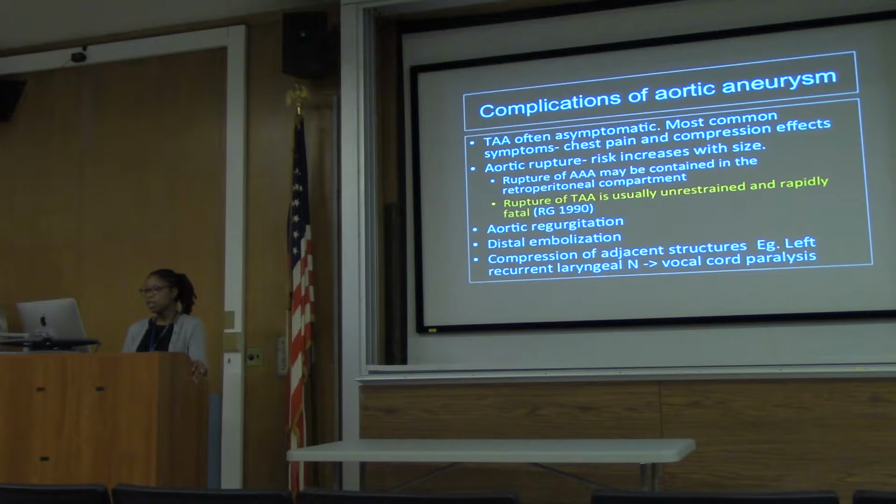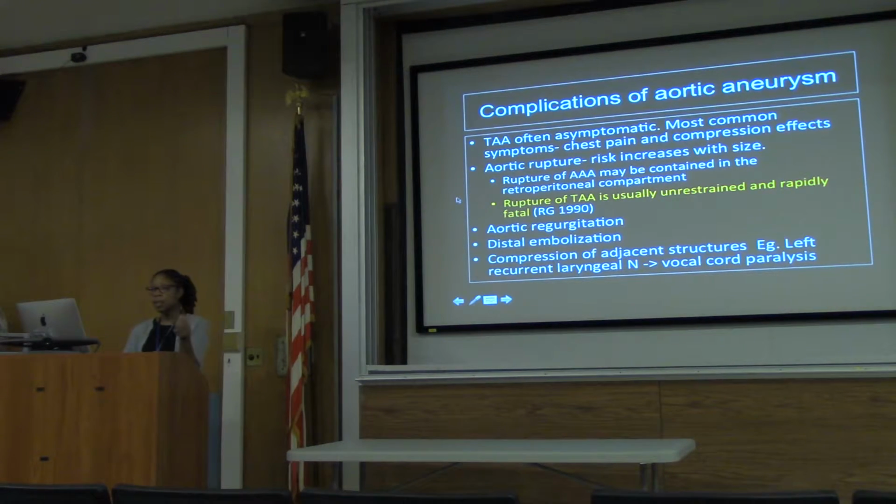In terms of complications of aortic aneurysms, most of the time they're often asymptomatic. They can come in with chest pain and some compression effects, particularly of the left recurrent laryngeal nerve. They can come with vocal cord paralysis. Of course, aortic rupture is what we don't want to see, but they can present with that, and that risk increases with size.